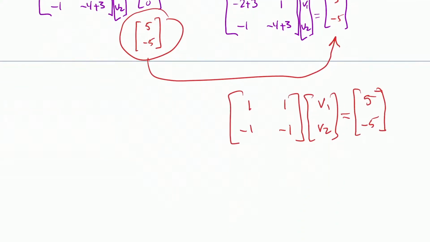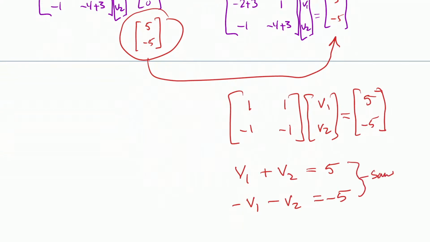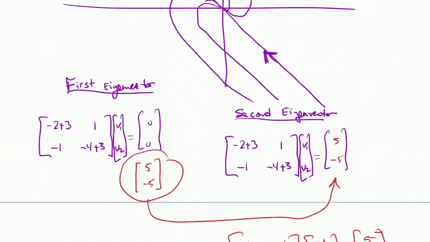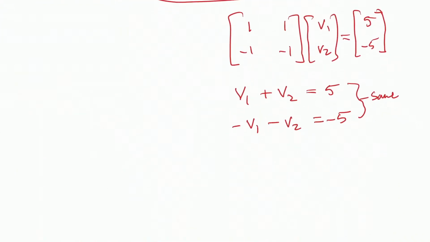Whoever it was who chose the 5 and the -5, well done, because that gives us a fun algebraic equation to solve here. So v1 plus v2 is equal to 5. -v1 minus v2 also equals -5. Notice that those are the same equation. You'll always have this when you're playing the eigenvector game. You'll always end up with two equations that are the same.